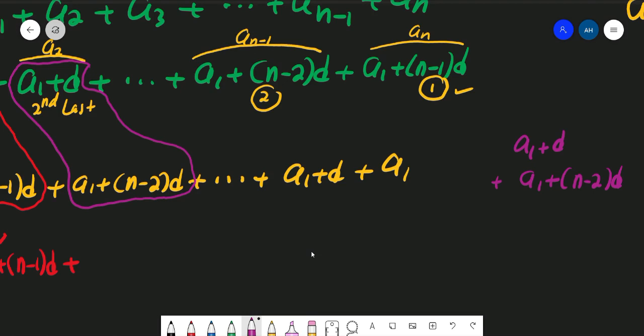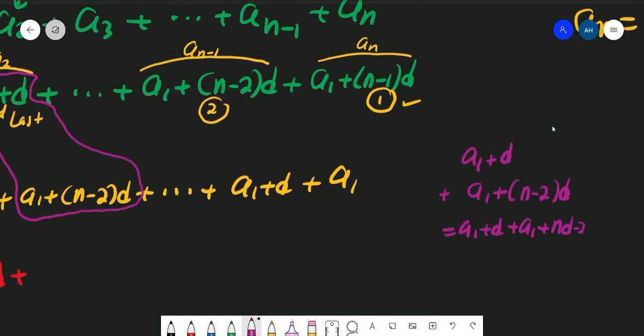Now let's simplify. Equal to a1 plus d, plus a1 plus nd minus 2d. Now let's simplify. We have a1 and a1, we have 2a1.